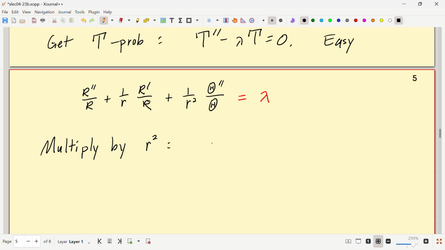I get r squared times R double prime over R plus r times R prime over R equals minus theta double prime over theta plus lambda r squared.